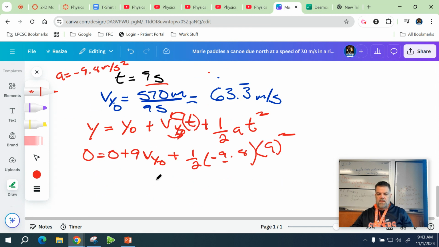All right. So I've got 0 is equal to 9 v naught y plus. Let's do this on our calculator.